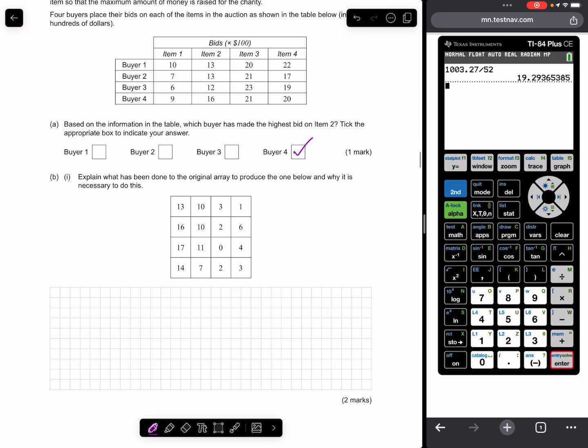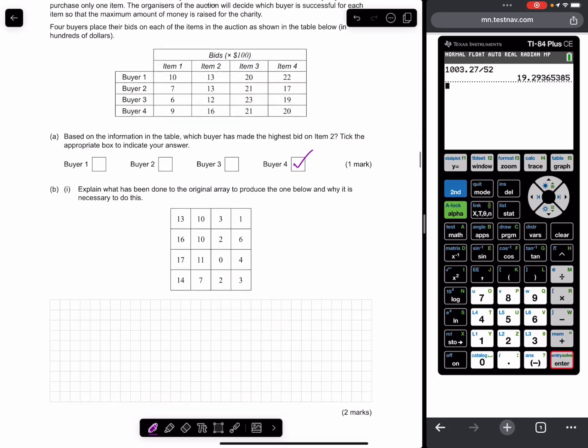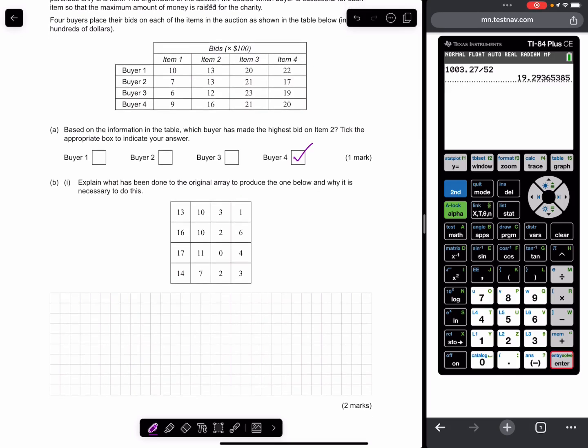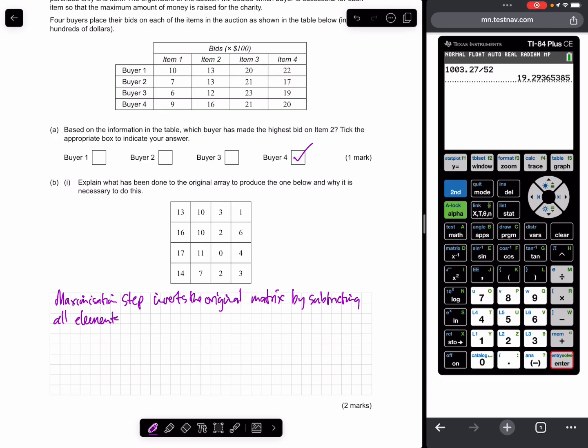Explain what has been done to the original array to produce the one below and why it is necessary to do this. We've done the maximization step. Inverts the original matrix by subtracting all elements from the largest number.